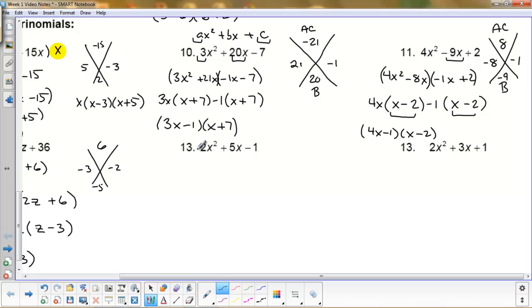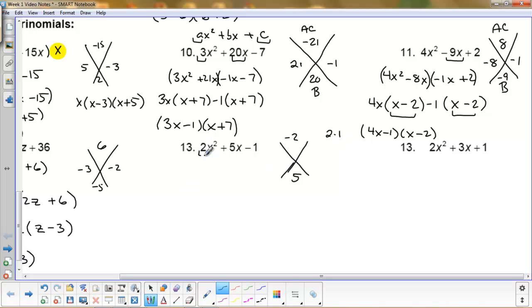All right, 2x squared plus 5x plus 1. There is no GCF there, so I'm going to multiply a times c. That's going to be 2. b is 5. What two numbers multiply together to make 2 and add up to 5? Well, since 2 is prime, the only two numbers I could use are 2 times 1. And 2 plus 1 is 3, not 5.